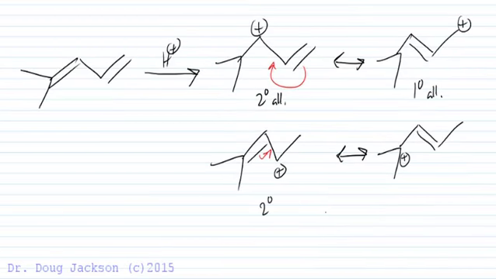Well, the other cation that's possible is secondary allylic, and then this one's actually on a tertiary carbon, which puts the positive charge there, so this is much better. Tertiary allylic is even better than secondary, which is better than primary.